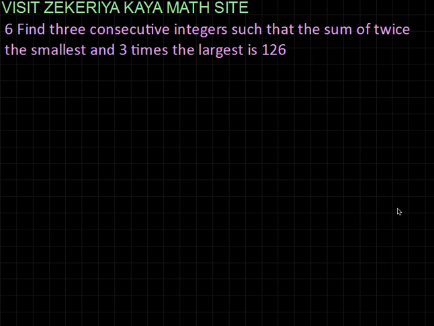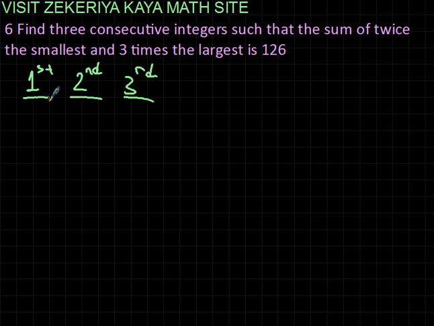We know that there must be 3 consecutive integers: first, second, and third. There is nothing about being even or odd. They are just consecutive integers.